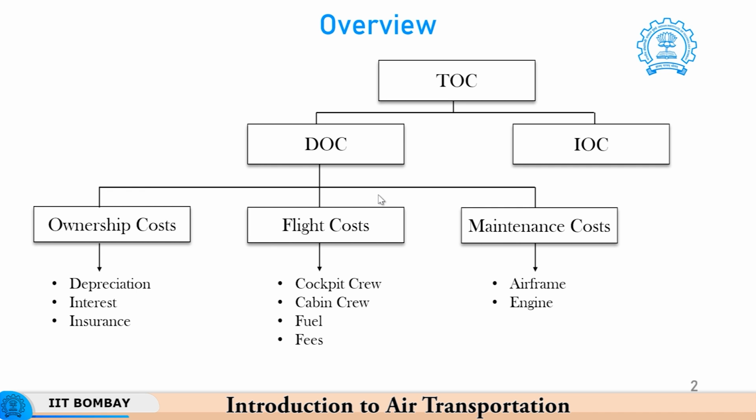So, we are going to focus more on the direct operating cost, and usually the IOC is very difficult to estimate. It may not be related directly to any of the operating or the maintenance expenses. So, therefore, our focus is going to be only on the direct operating cost.